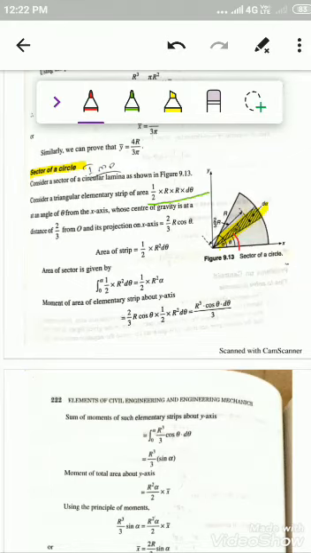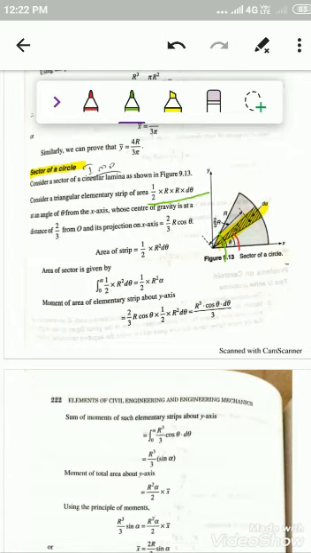Whereas the entire sector of a circle makes an angle alpha with respect to the x-axis. Whatever the red mark indicates is the inclination made by the elementary strip, but the green line indicates the inclination made by the sector of a circle with respect to the x-axis.